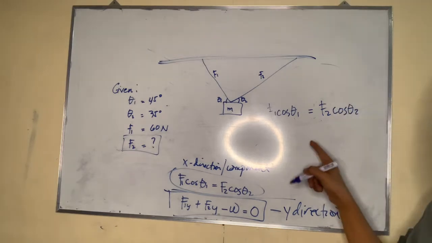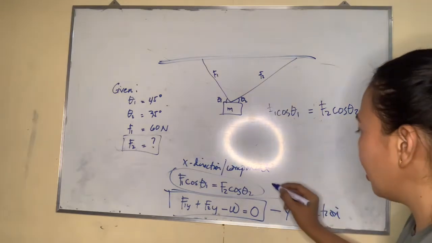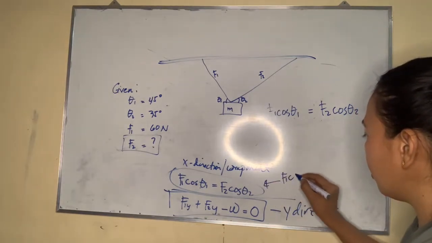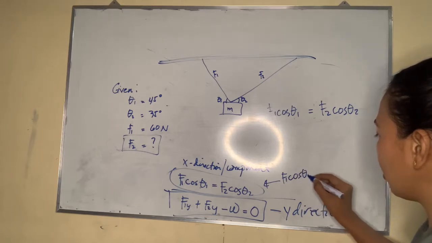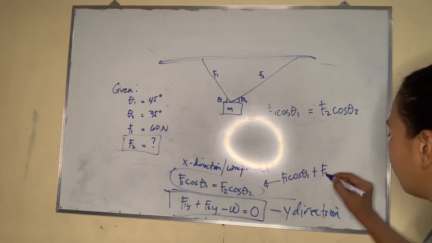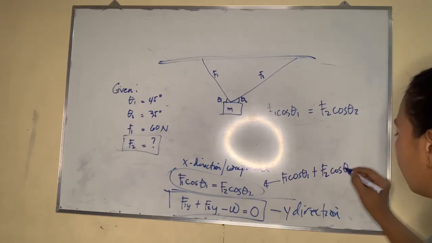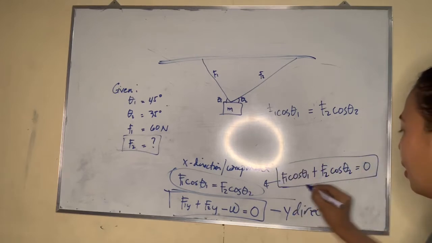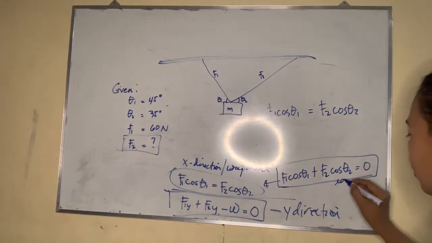Saan to siya galing? Actually, negative to siya. Galing to siya dito sa F1 cosine theta 1 plus F2 cos theta 2 is equivalent to 0. This is in the state of equilibrium. Ito yun siya.